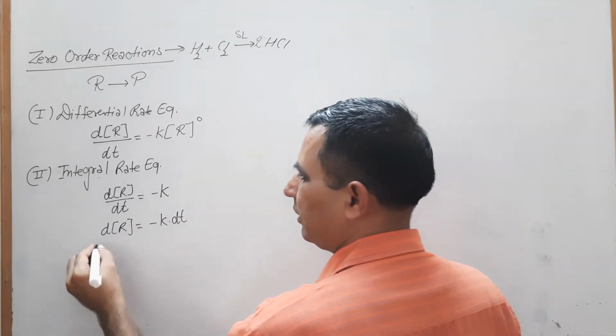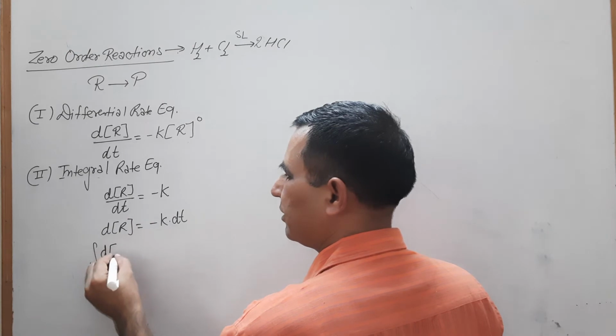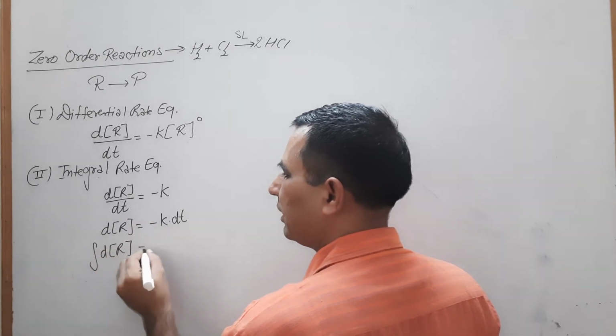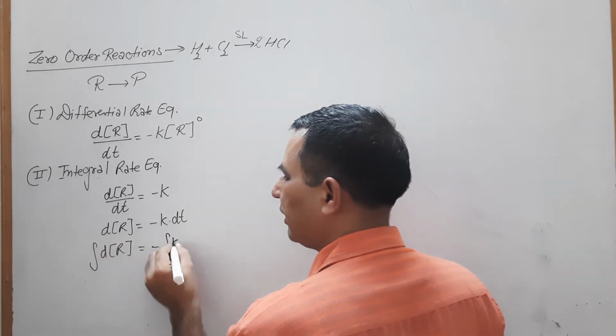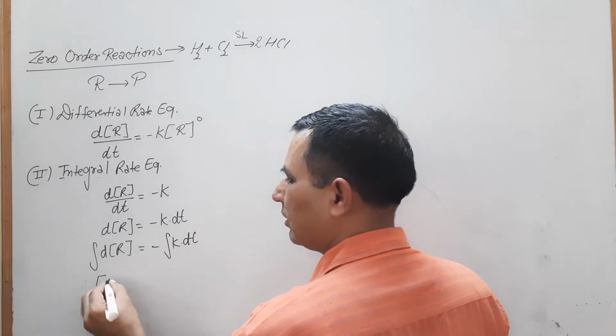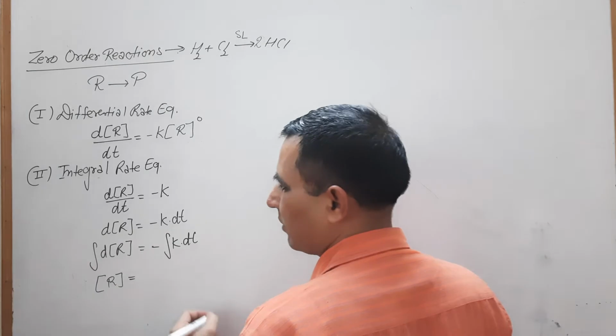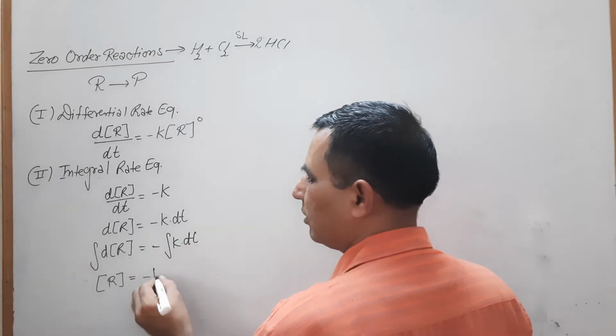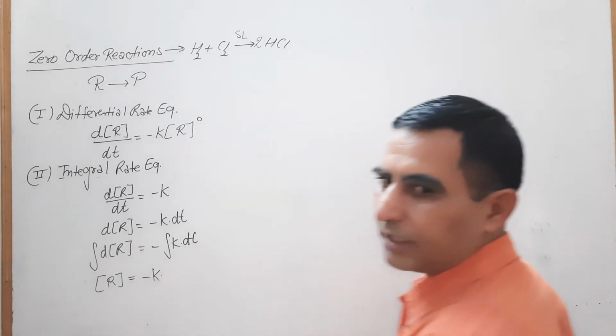Now we can integrate this. Integration of dR equals minus k into dt. The integration of dR is R; minus k is a constant, so it is not integrated.